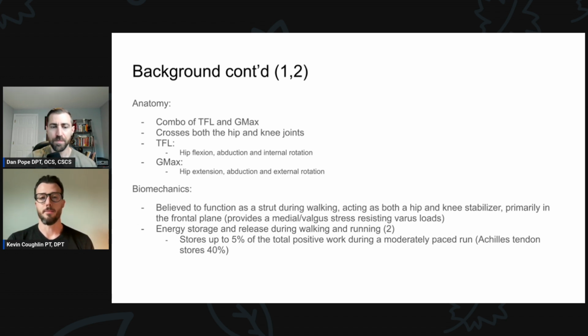So, not that much, but when someone's a distance runner and they're doing a lot of running, they'll tend to have a little bit of a thicker Achilles tendon than someone who's more sedentary. I think the same holds true for the IT band. When someone does a lot of running and the tendon's so exposed to load, you start to see a little bit of thickening at the tendon, which is probably a normal adaptation there.